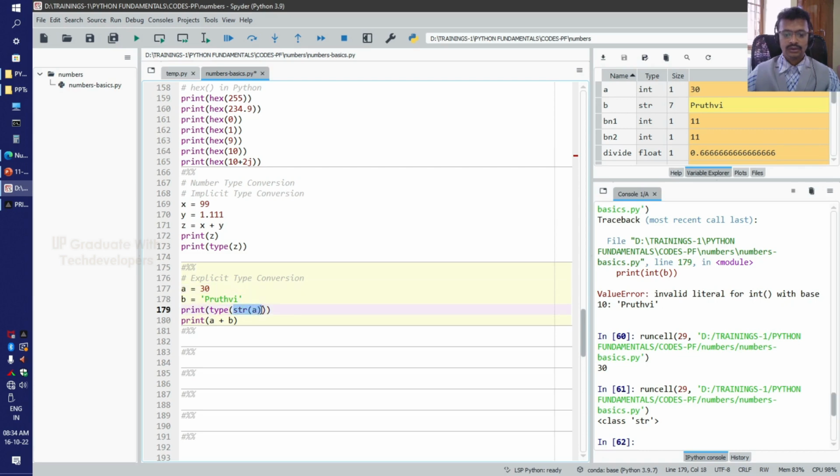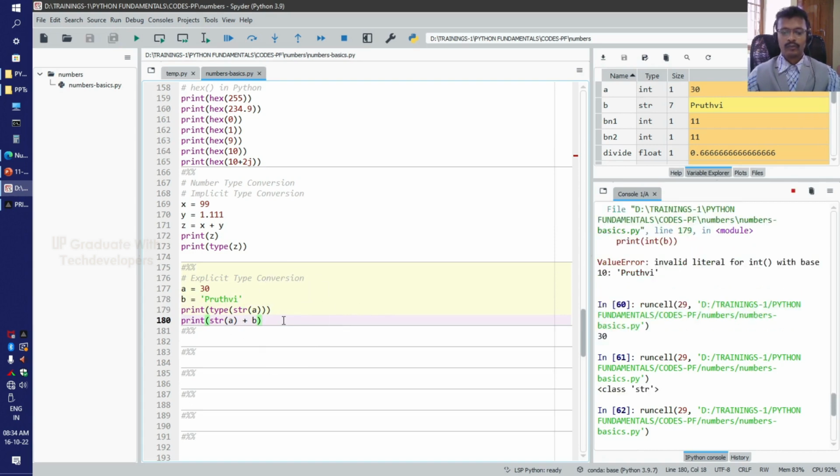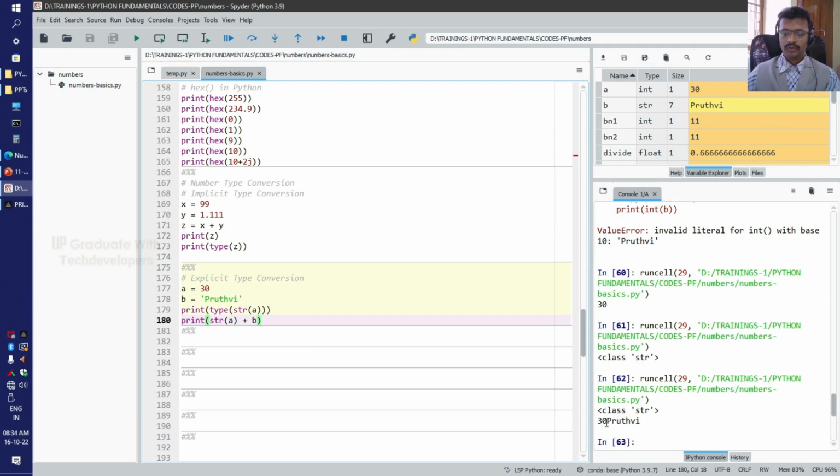So use this typecasting method to convert the integer value to a string value, and then add it to the string value. So we got 30 Prithvi. Two strings have been concatenated.